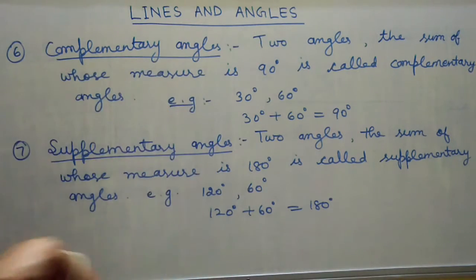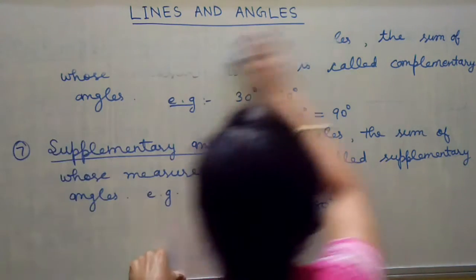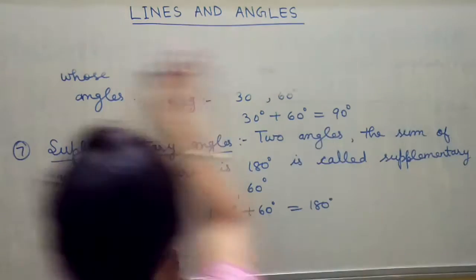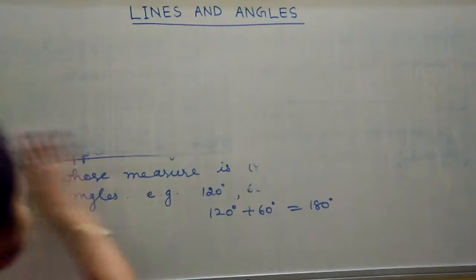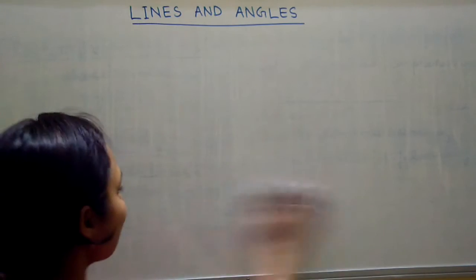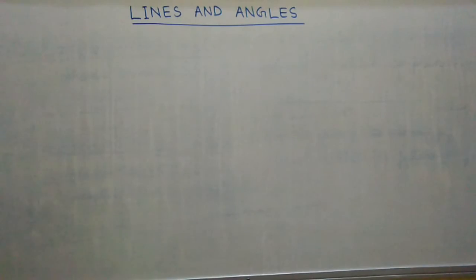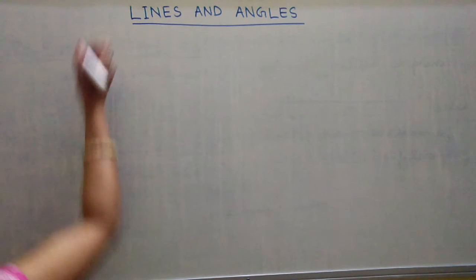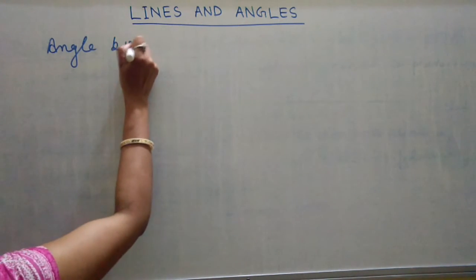Now come to the angle bisector. What is the angle bisector? Very easy. This is not a type, this is the next related topic for angles.